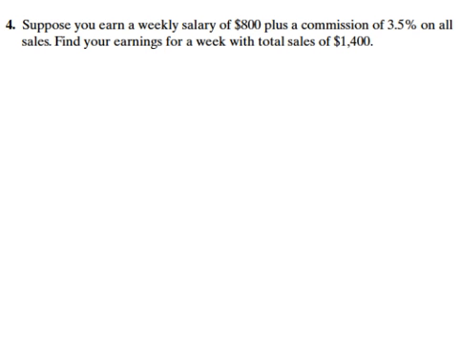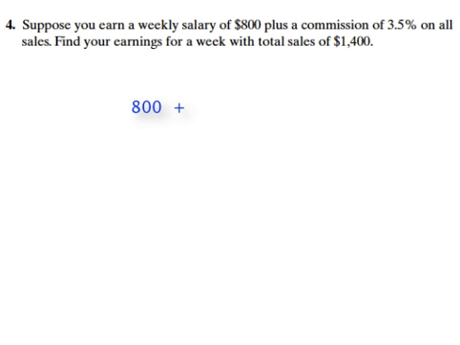Suppose you earn a weekly salary of $800 plus a commission of 3.5% on all sales. Find your earnings for a week with total sales of $1,400. So we're going to take $800 plus 3.5% of 1,400.